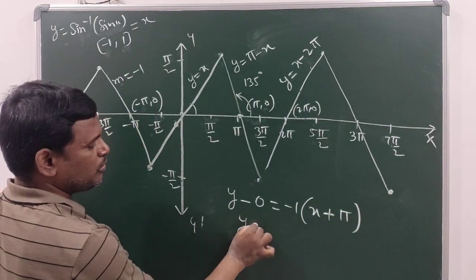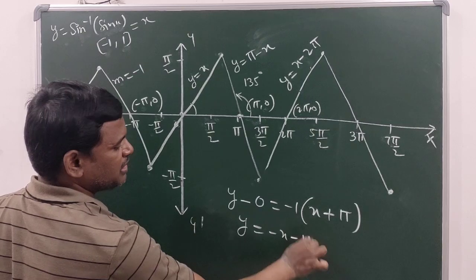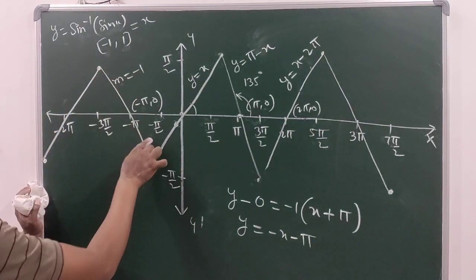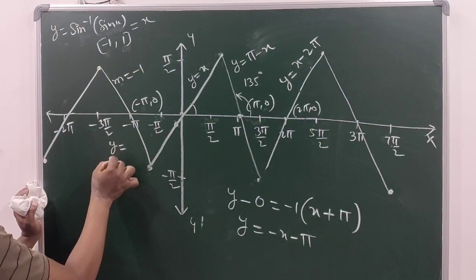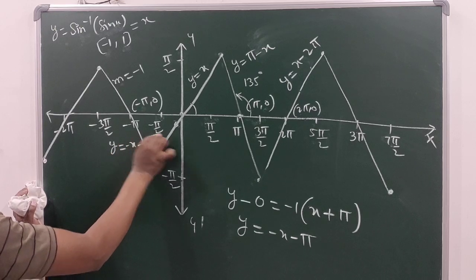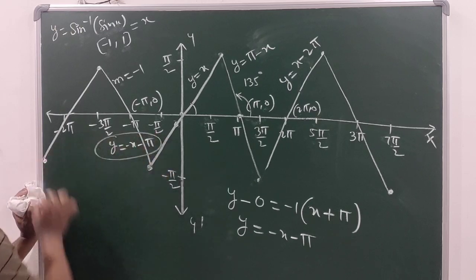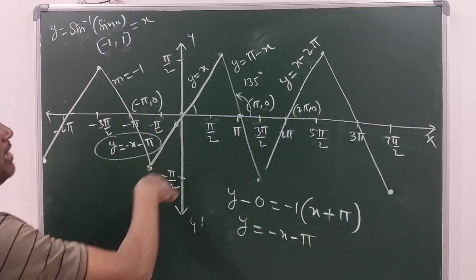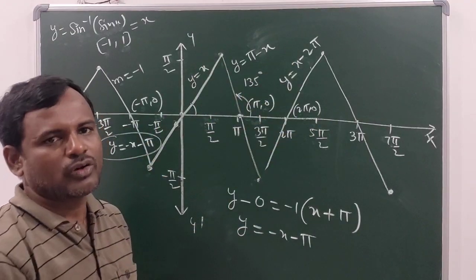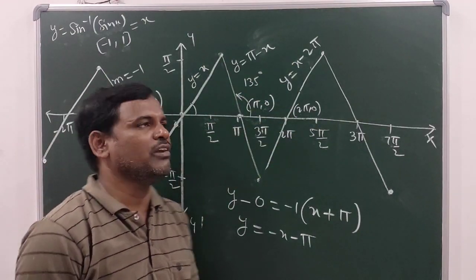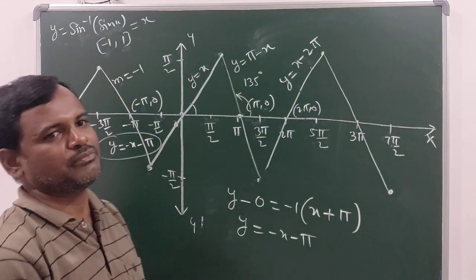So now y equal to minus x minus pi you will get. This is the line equation: y equal to minus x minus pi. Okay. Right. You have to move like that.